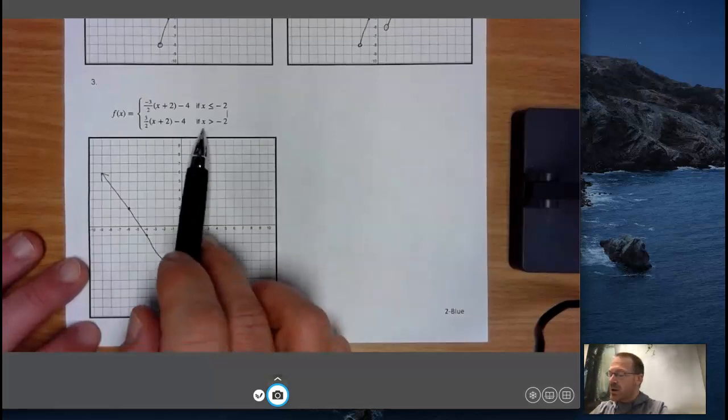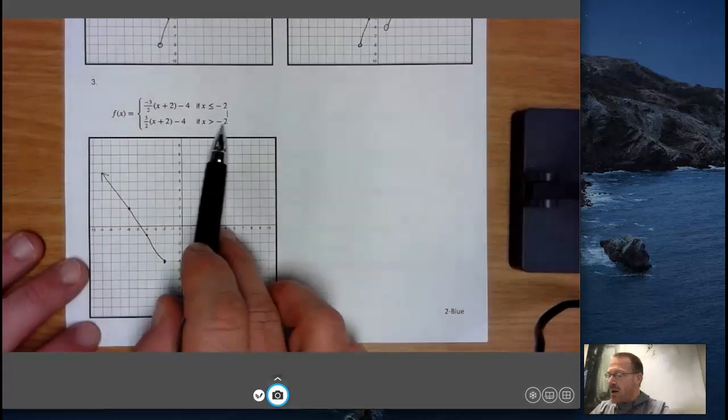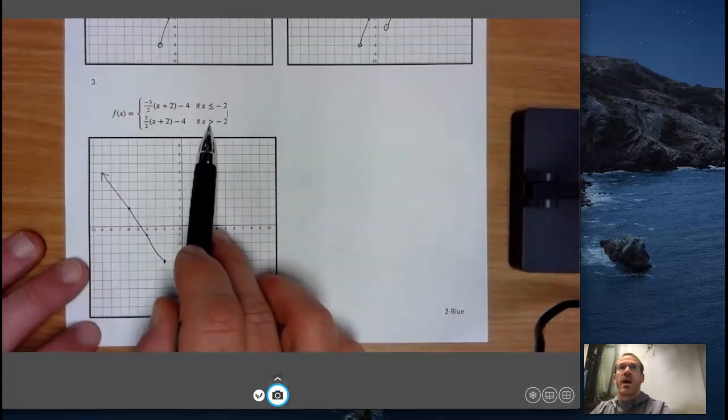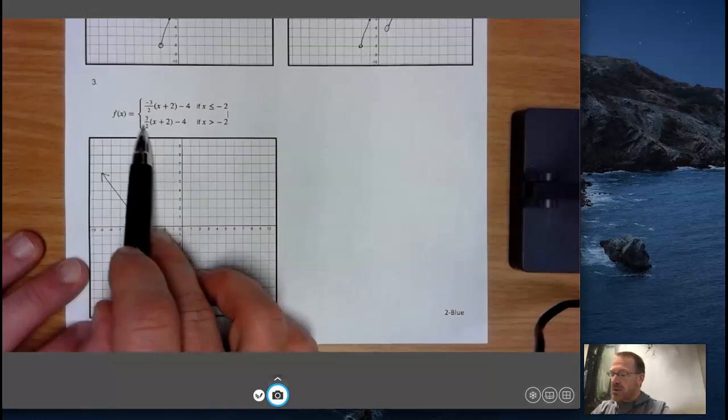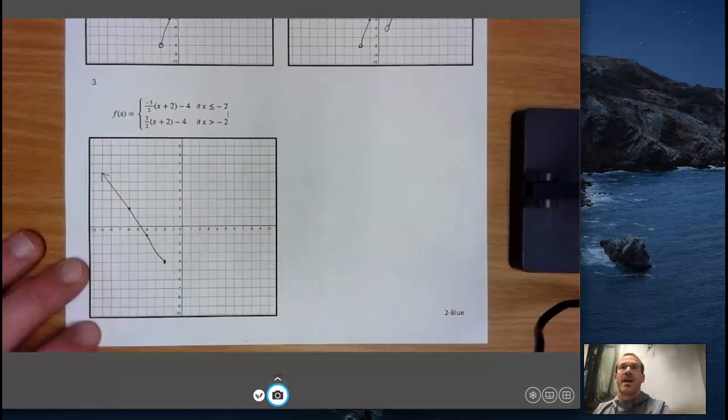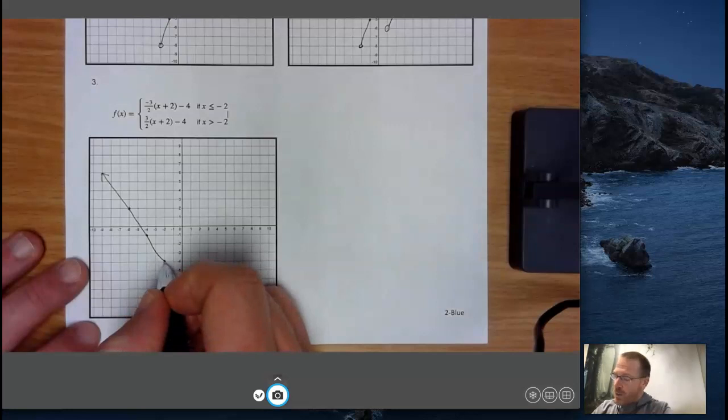Okay, so now let's look at our next rule. Now I know I'm going to start at -2 again, but it's going to be an open circle around that point. So if I plug -2 into this equation, that's 0. 0 times 3/2 is 0. So once again, I'm starting at (-2, -4). And an open circle around a closed circle is still just a closed circle.